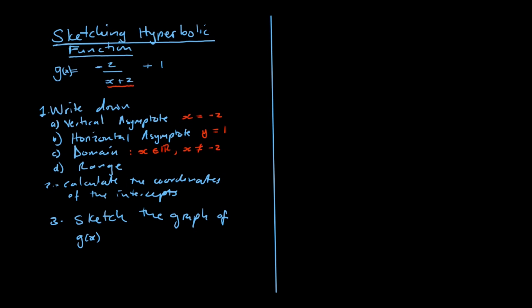Then the range. Maybe to just elaborate on that definition, because it's very important. If this one is an asymptote, the line is supposed to go as close as it can, but it should never touch that line. If this is the horizontal asymptote, it means that the graph can go as close as it can.